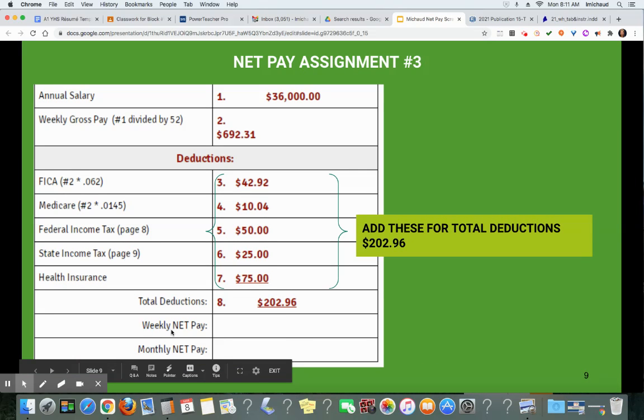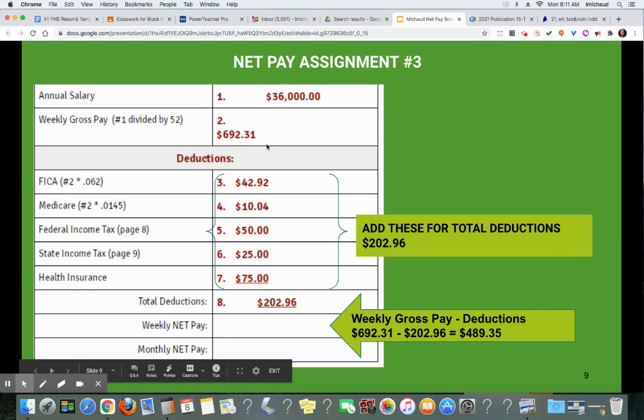Now we need to figure out your weekly net pay. This is your gross pay. So gross pay minus deductions is your net pay. So $692.31 minus $202.96 is equal to $489.35.